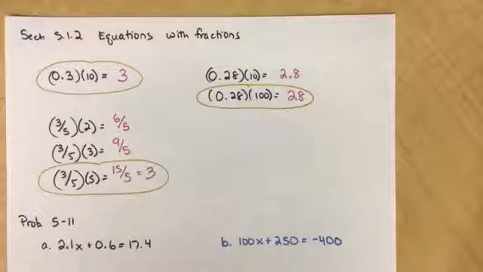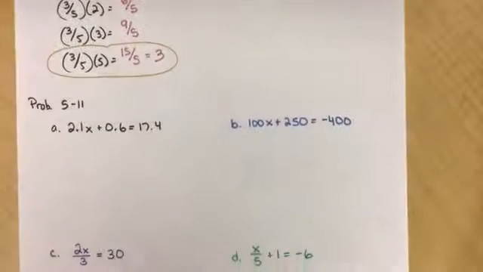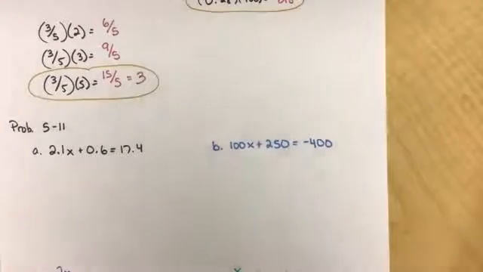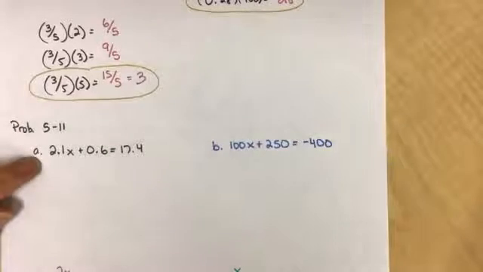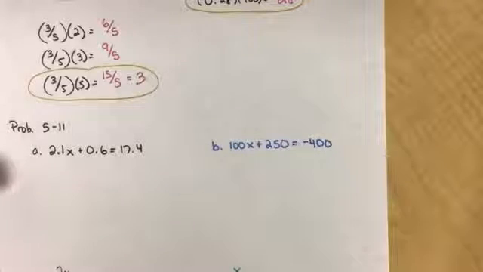We're going to use that idea then to rewrite equations to make them easier to solve, especially if you didn't have a calculator. So let's take a look at problem 5.11. Part A has this equation. Now you notice that every number in the equation has a point something.